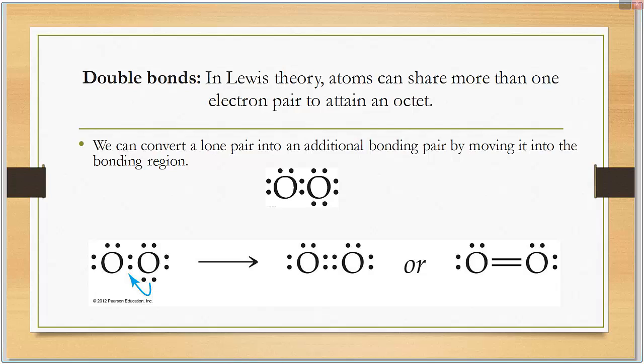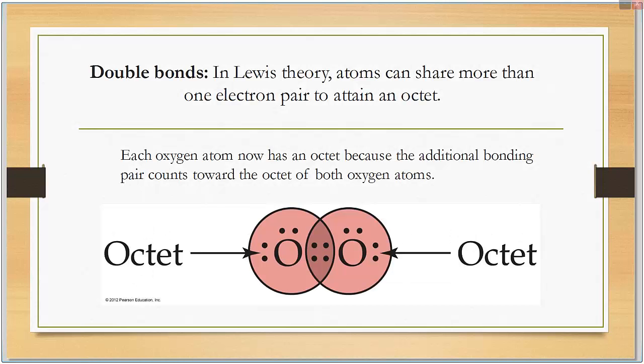So if we do this, here's the bonding. We can move this one into it to give a total of 4 electrons. That then becomes 2 lines because each line represents 2 electrons. Each oxygen atom now has an octet because the additional bonding pair counts towards the octet of both oxygen atoms.